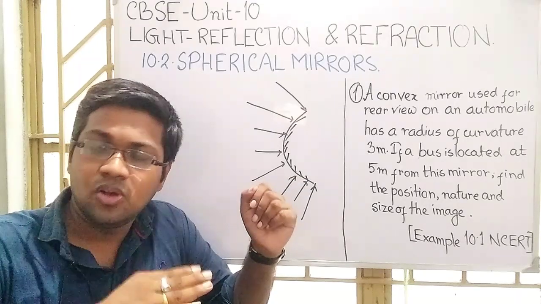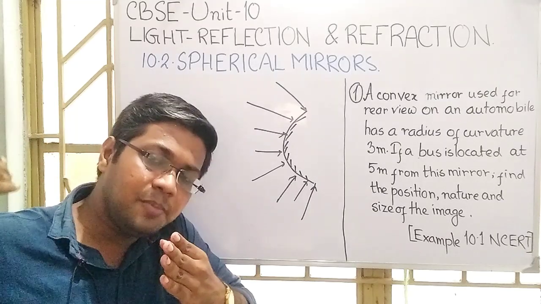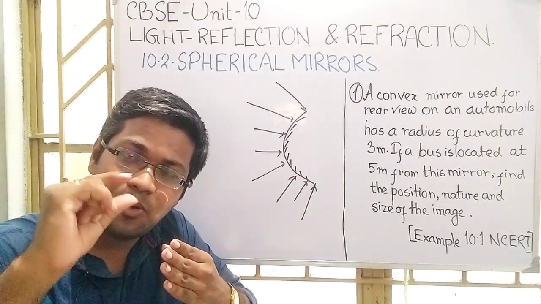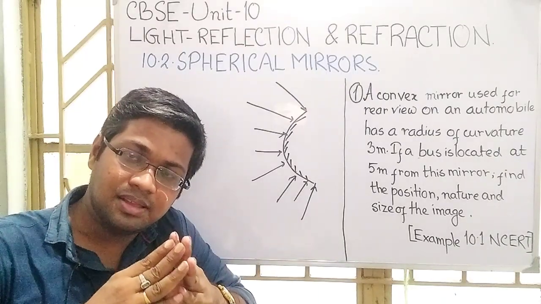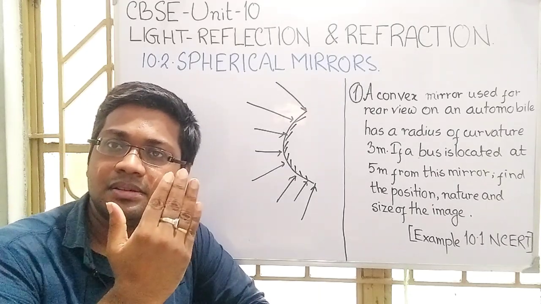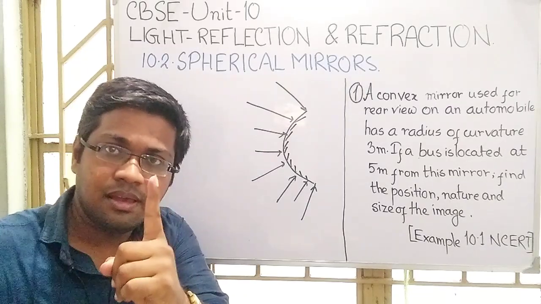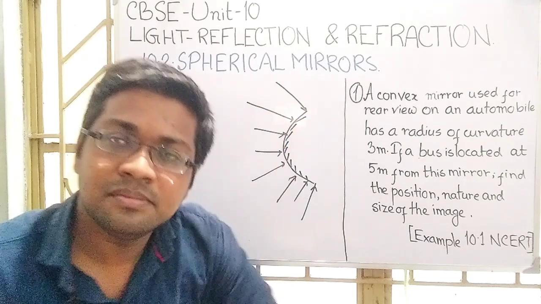So if you see a car behind you, the size of the car is very small. Just like this, if I try to show you, this is my hand, this is my finger that is here. If I make it approach towards you, its size is increasing.